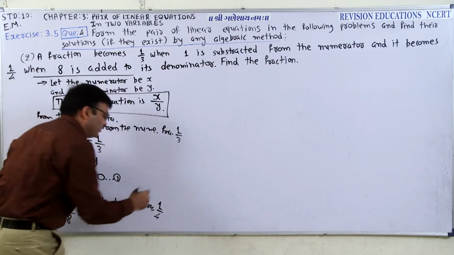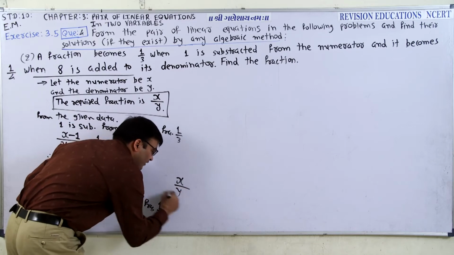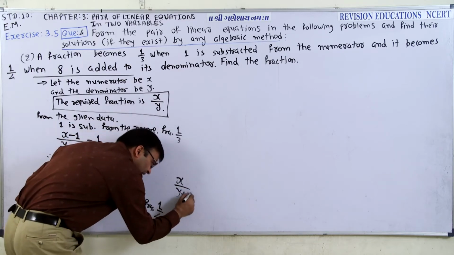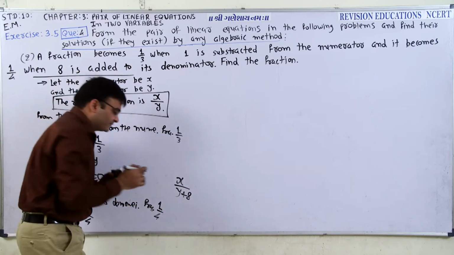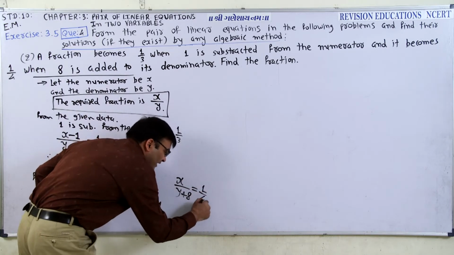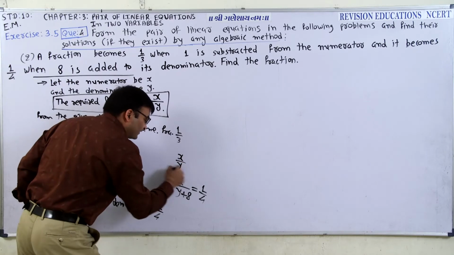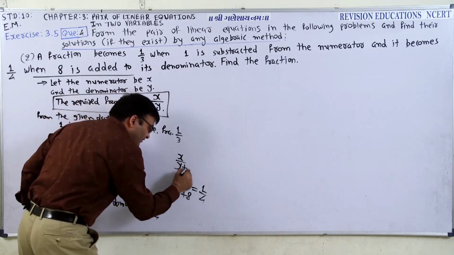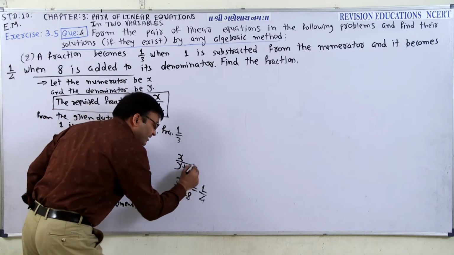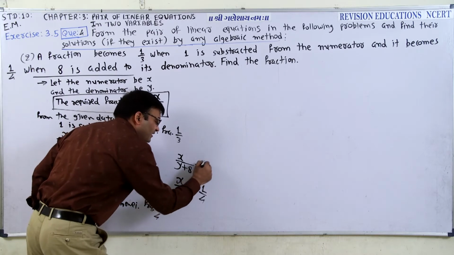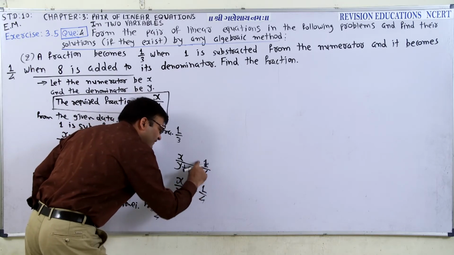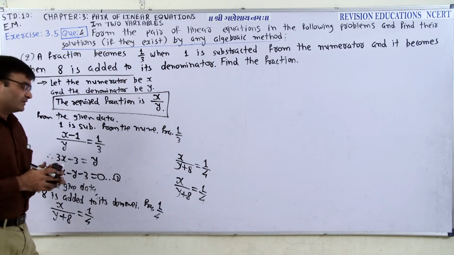Once again I explain you here. This is the original fraction, 8 added in the denominator. The new fraction we got is 1 upon 4.